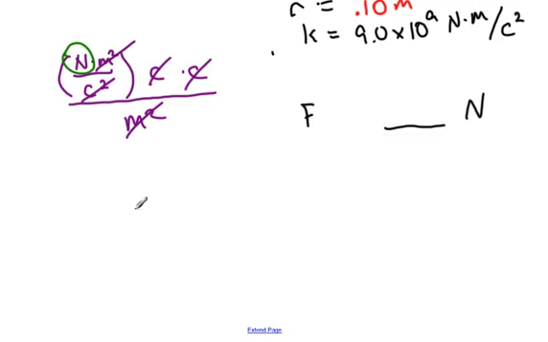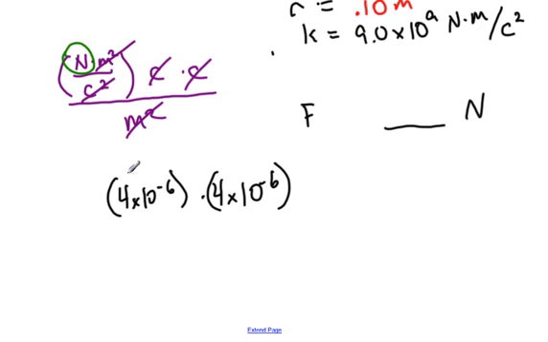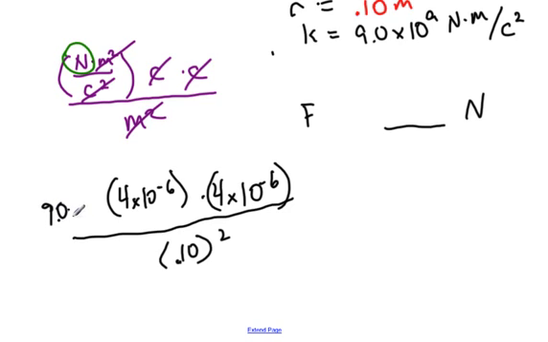To plug in the numbers, you'd have 4 times 10 to the negative 6. If you're using a calculator, and I hope you are, make sure you use parentheses on these. You don't always have to, but sometimes it really helps so your calculator doesn't get confused. Then 0.10 squared, and 9.0 times 10 to the 9th.